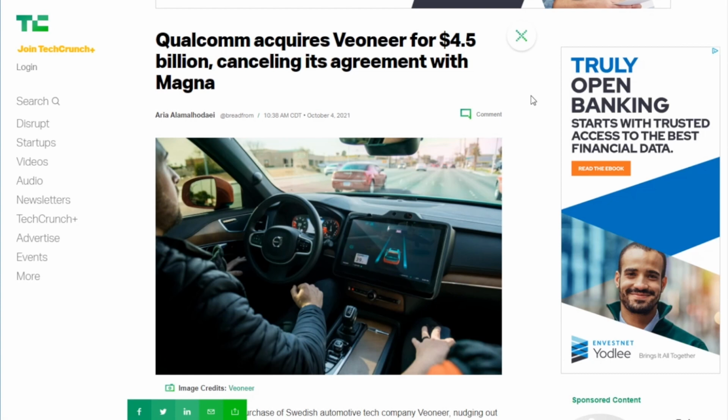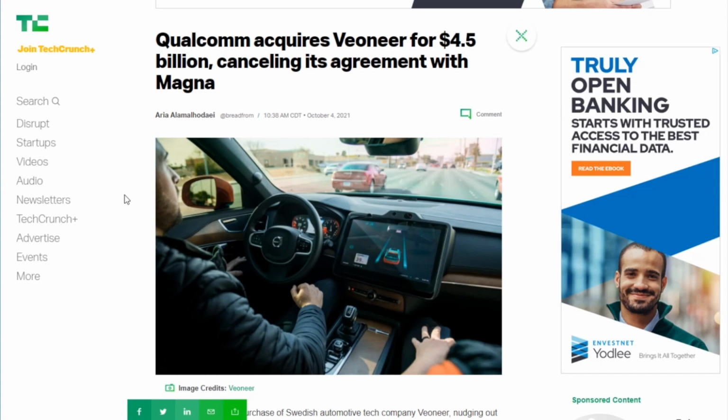And Qualcomm almost lost this because Magna was going to pay $3.8 billion for Veoneer, and Qualcomm scrambled. They looked like they were going to lose the deal, and then they ended up bidding $800 million more. I think Veoneer wanted to go with Magna, but in the end, they took the Qualcomm offer.